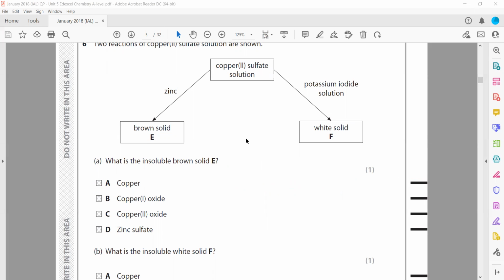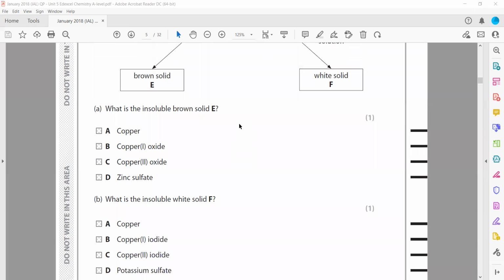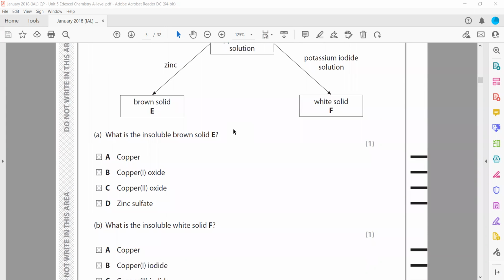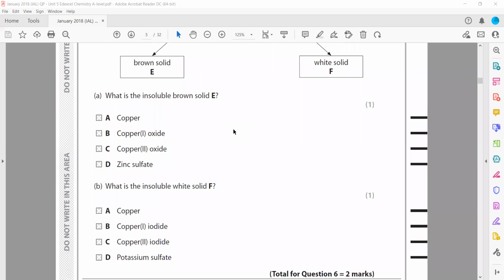And the second part, what is insoluble white solid F? Iodide ion is a good reducing agent. It will convert copper 2 into copper 1, and it will form copper 1 iodide, which is a white solid.